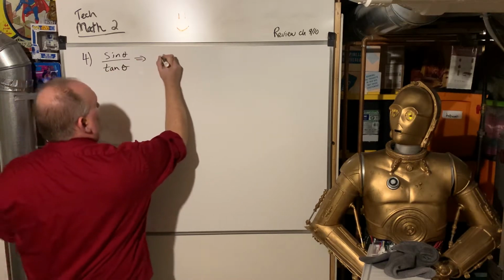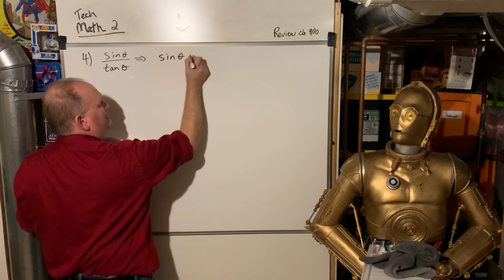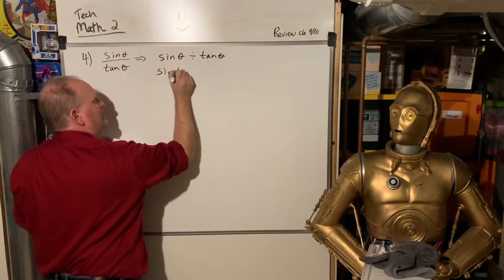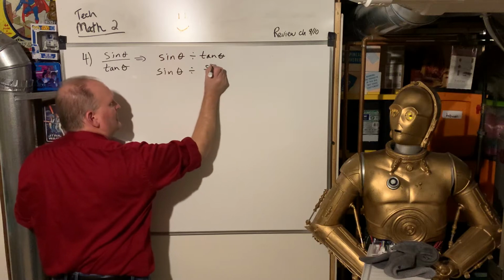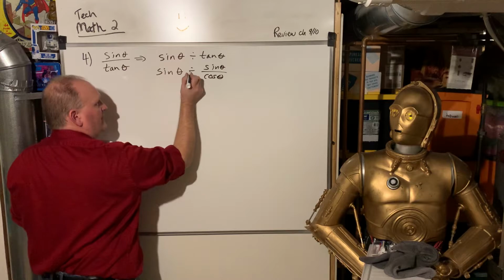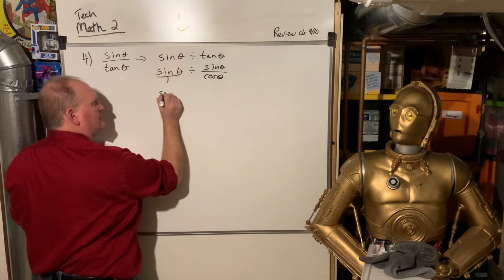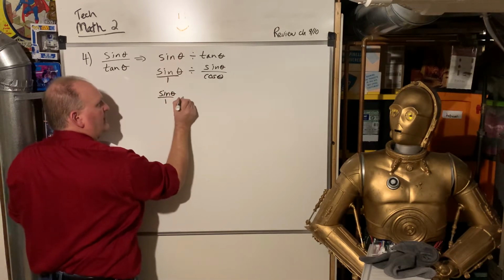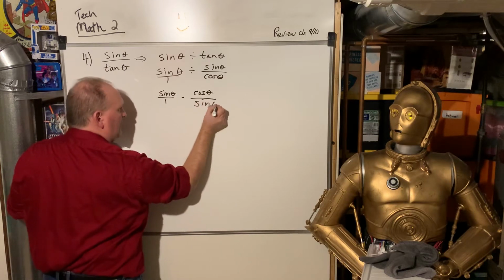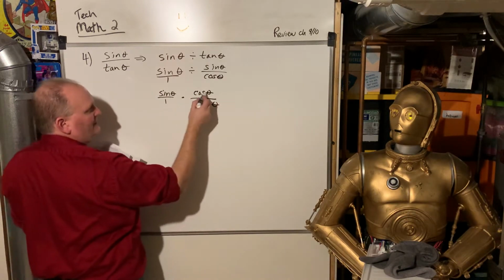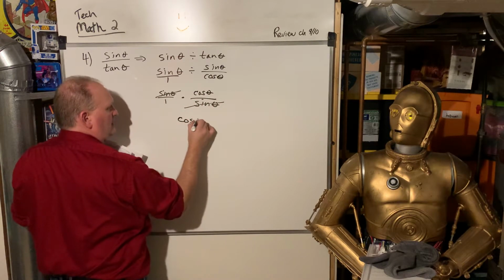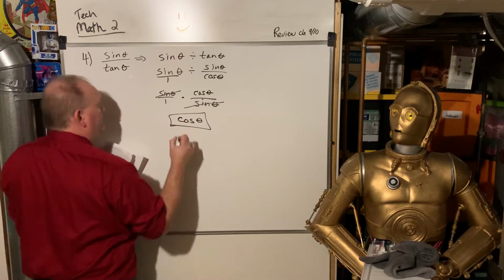That is sine theta divided by tangent theta, which is sine theta divided by sine over cosine. We never divide fractions. We multiply by the reciprocal. Now look at what happens. The sines cancel, and you end up with cosine theta for that one.